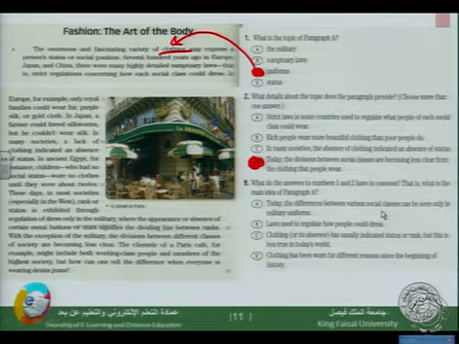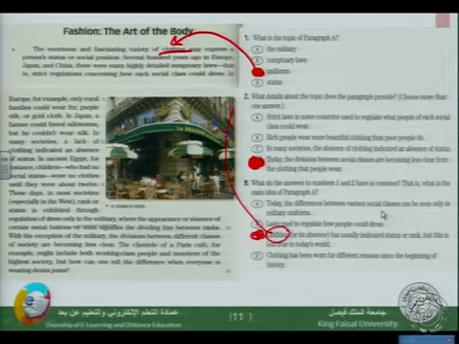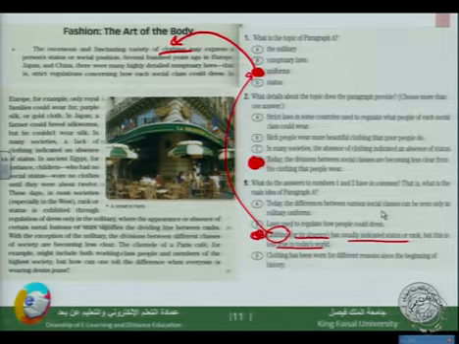D, clothing has been worn for different reasons since the beginning of history. I guess the answer C is the correct one. It talks about the clothing, the uniforms, and then it talks about absence, indicates status, but now it's less true.